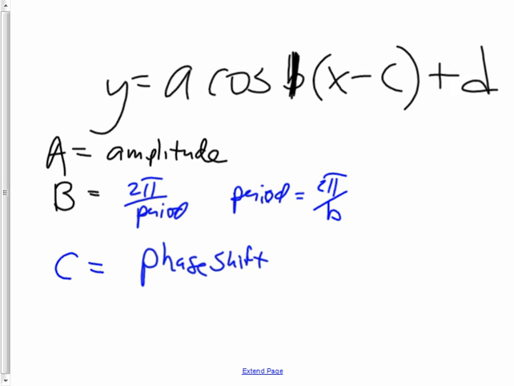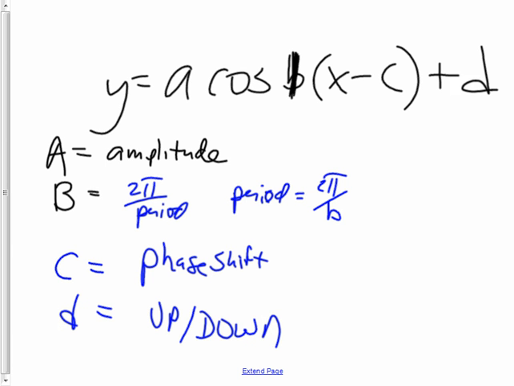Shift to the right. Okay, but in trig, it's called a phase shift. And then there's D, which is a vertical shift, but come on, most people would just say it's up or down. The whole graph moves up or down, however much it says.